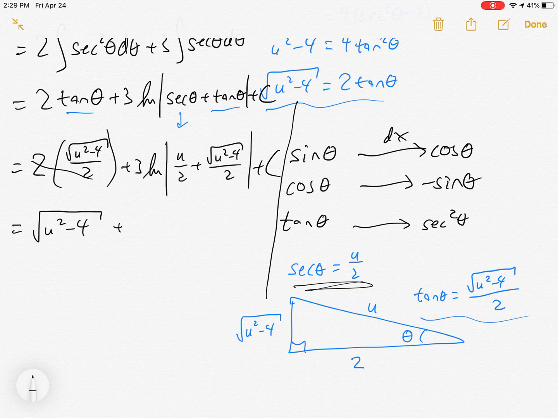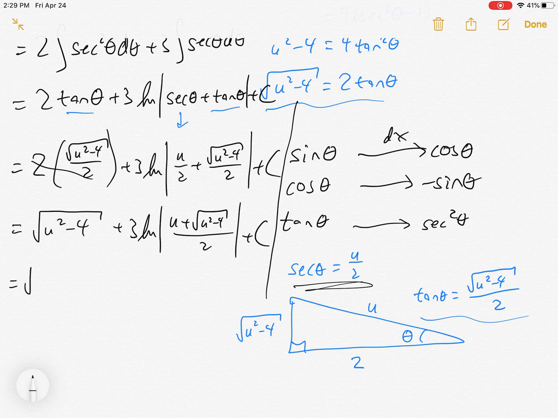Hey, common denominator. Didn't have enough room. Okay, we have that. This part just becomes square root of u squared minus 4. I can combine these as u plus square root of u squared minus 4 over 2 plus c.